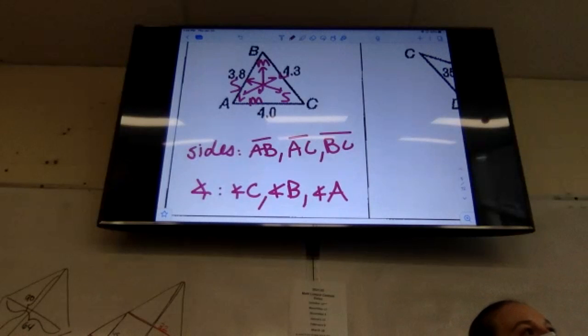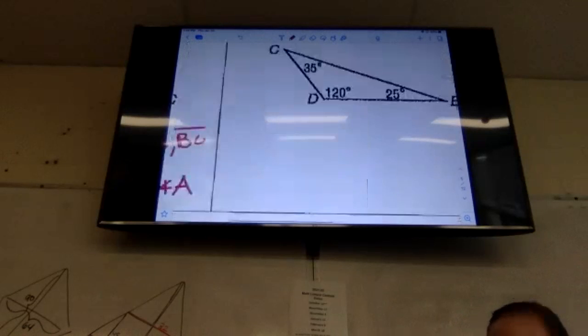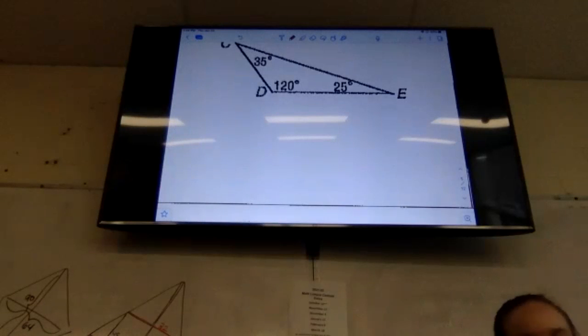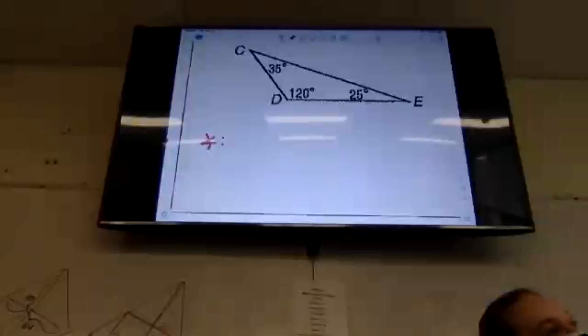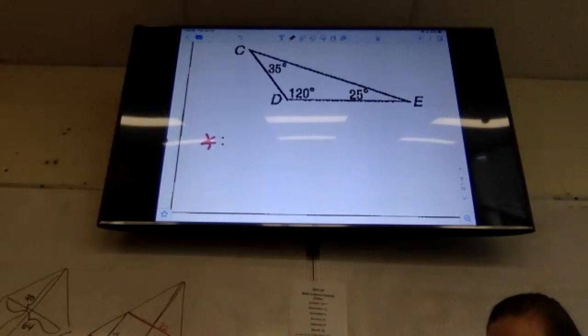All right. I need 2 new people to help me with the next one. Chase, you got me? Which one are you gonna do? I'll do angles. What's your smallest angle? 49. Angle E is my smallest. What's my medium? C. Good.